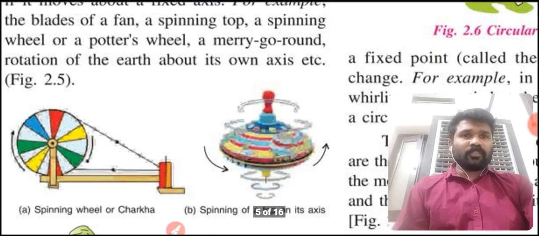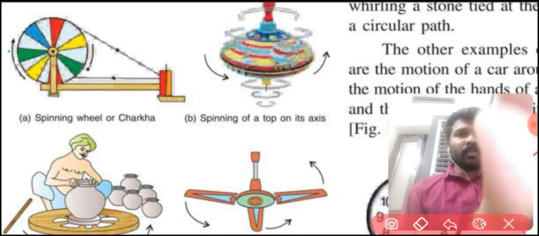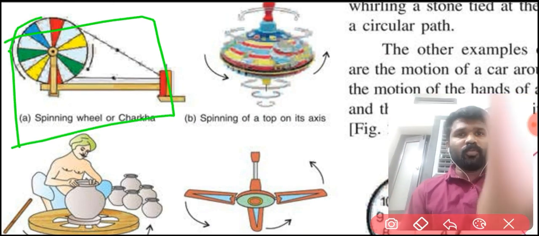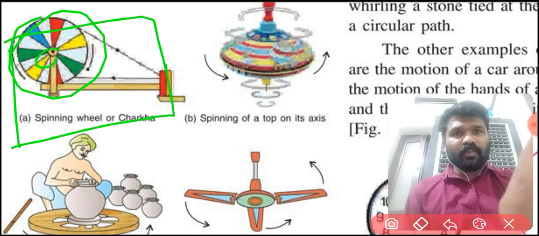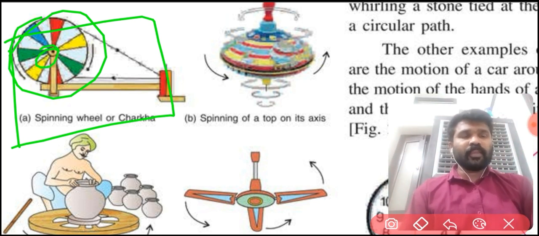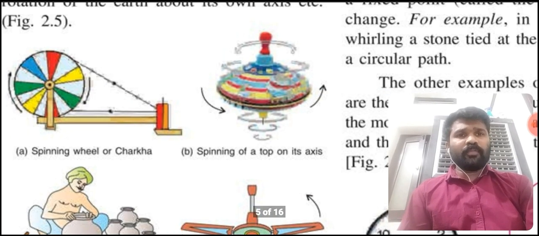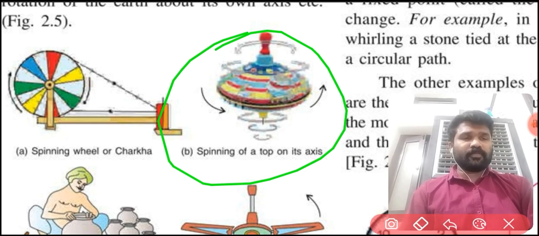Okay students, some diagrams are shown here. First one, spinning wheel or charkha, just see the movement. It moves about a fixed axis. That's why it is an example of rotatory motion. Second example, a spinning of a top on its axis.